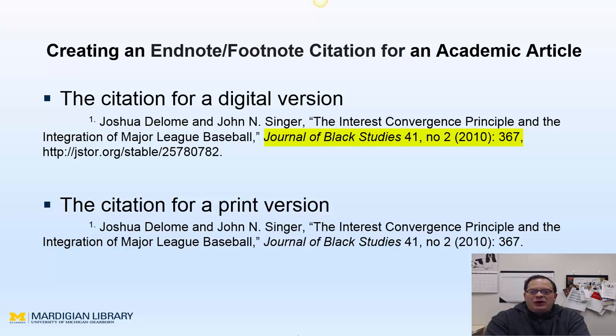And obviously, if there was no issue number for this volume, or the volumes don't have issue numbers, then you just don't worry about including it. It would just be Journal of Black Studies, volume 41, and then go into the year in parentheses, in this case 2010, and then a colon, and then the page number in question with respect to the endnote or footnote.